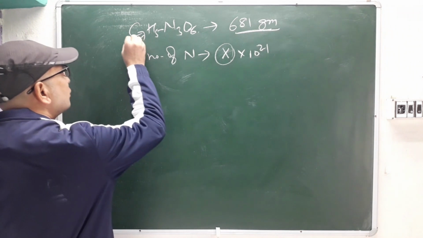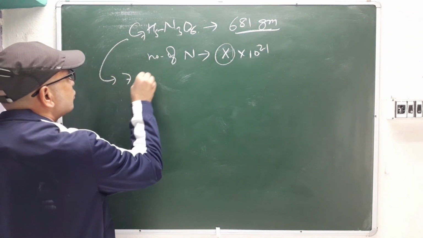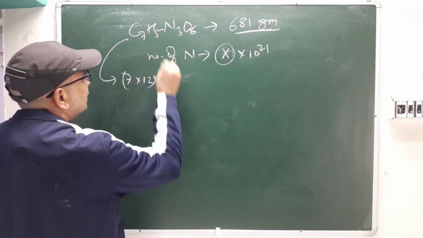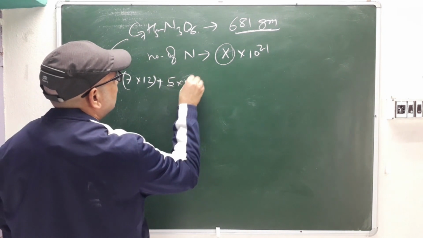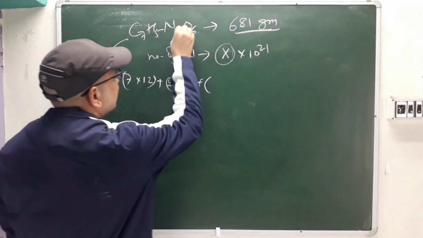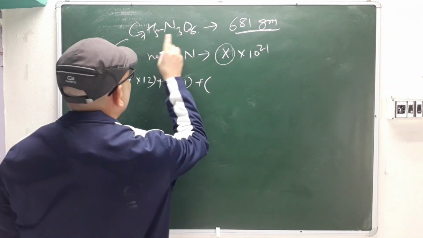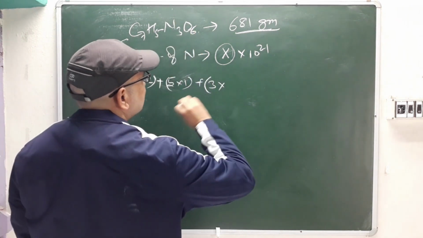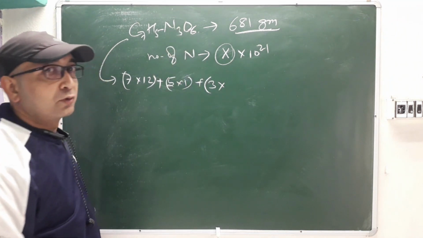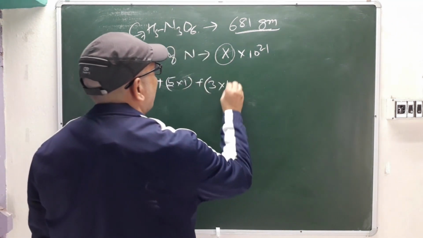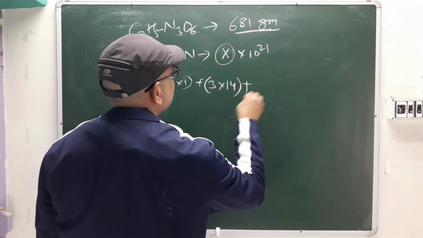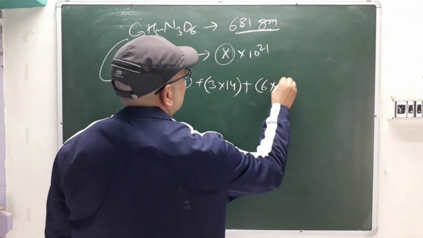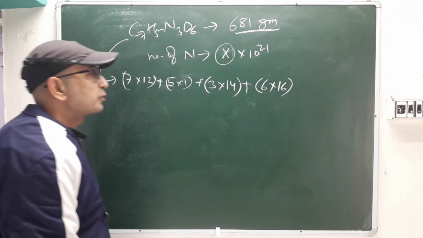So how will you calculate the molecular weight? 7 into 12 plus 5 into 1, plus 3 into 14 for nitrogen, then plus 6 into 16. This you have to solve.